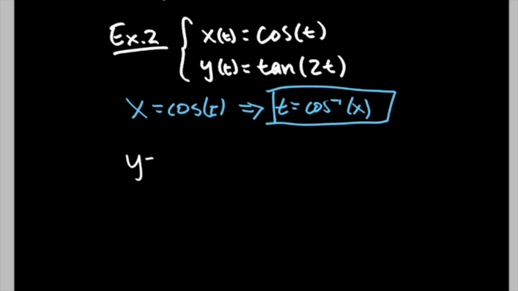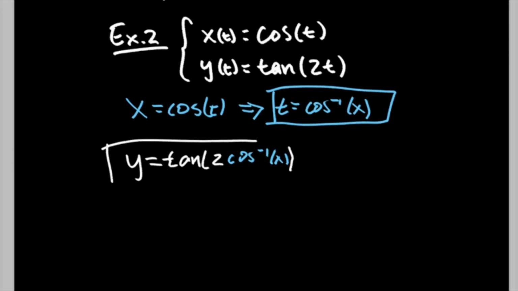So we get y equals tangent of 2 times that thing. And that thing is cosine inverse of x, because that's what t is. And all you're doing is multiplying by t. Okay, so not too difficult. All you're doing is isolating and plugging in.